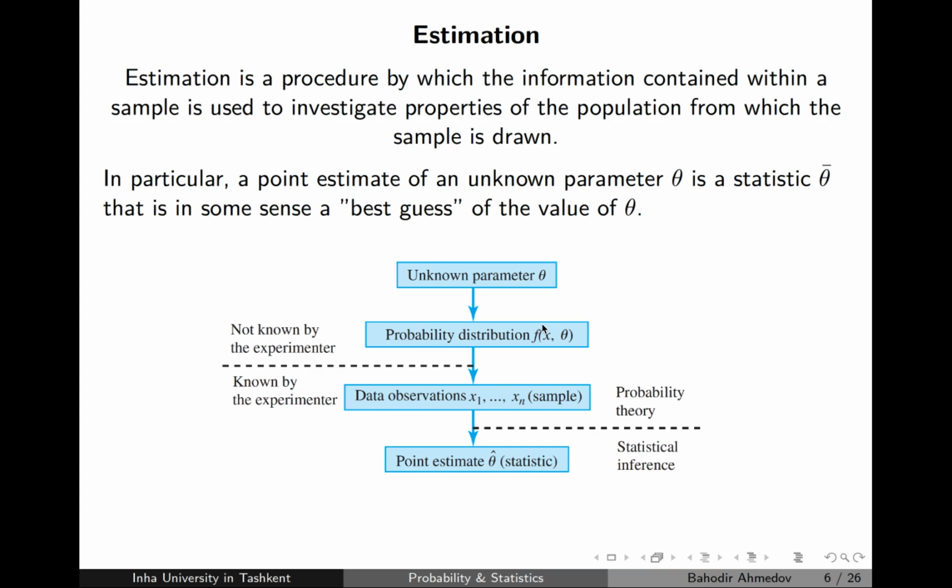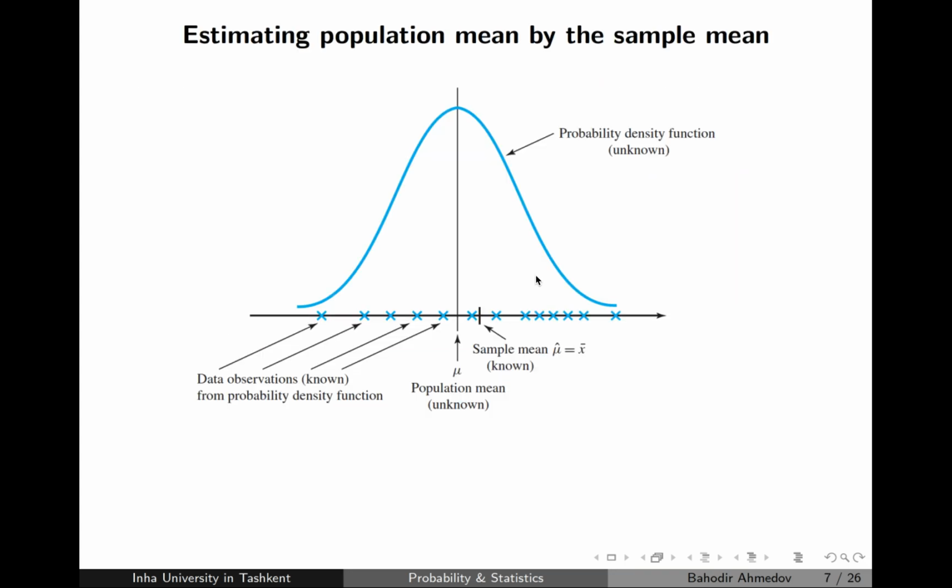This parameter might be different depending on the distributions. For example, let's assume that the distribution of student scores after some exam is normal, and let's assume we cannot, for some reason, calculate the population mean, the average score for all the students.